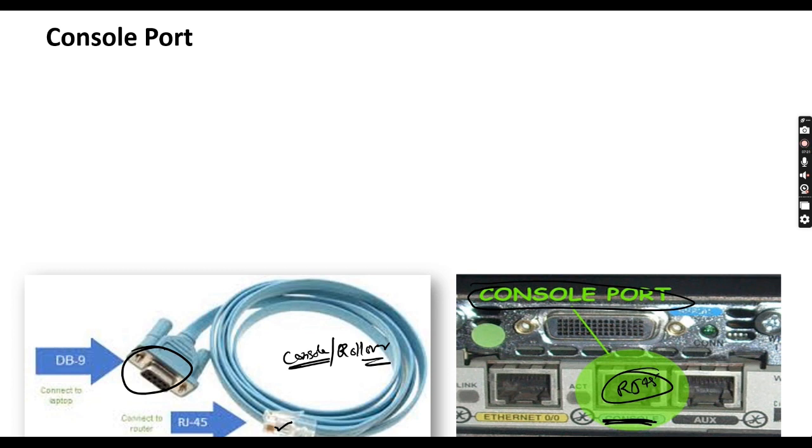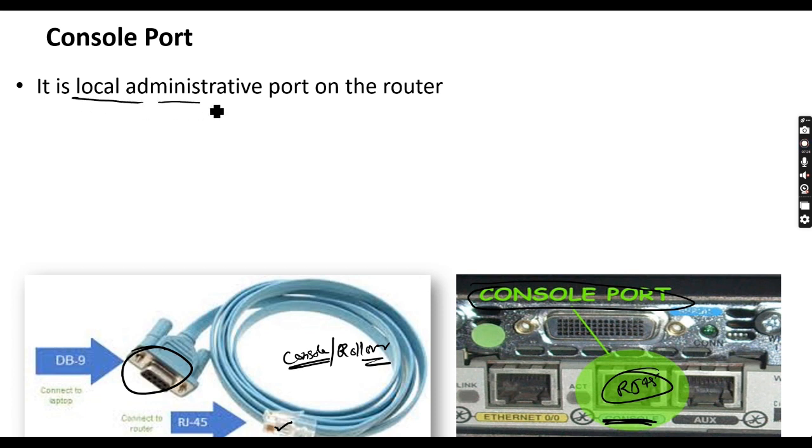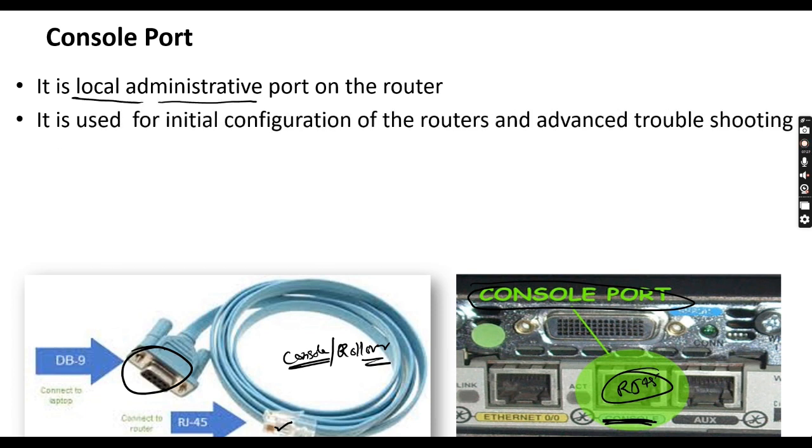As I said, this console port is the local administrative port on the routers, and it is used for initial configuration of the routers or administrative tasks like advanced troubleshooting as well.